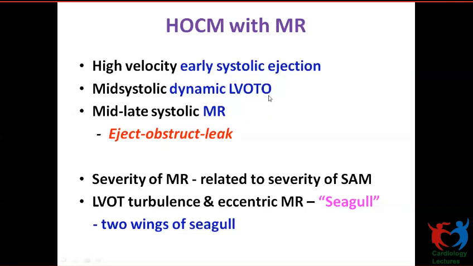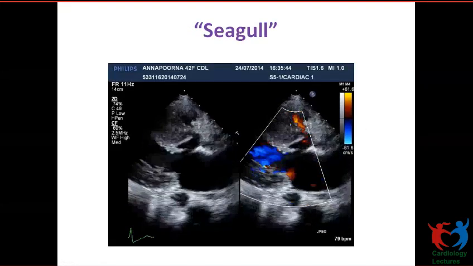Then there will be dynamic obstruction. Then mid to late systolic MR. So that is called eject, obstruct, leak. And severity of MR is related to the severity of SAM. So LVOT turbulence going towards the aorta, eccentric MR going towards the posterior wall, looks like two wings of the seagull. It's called seagull sign.